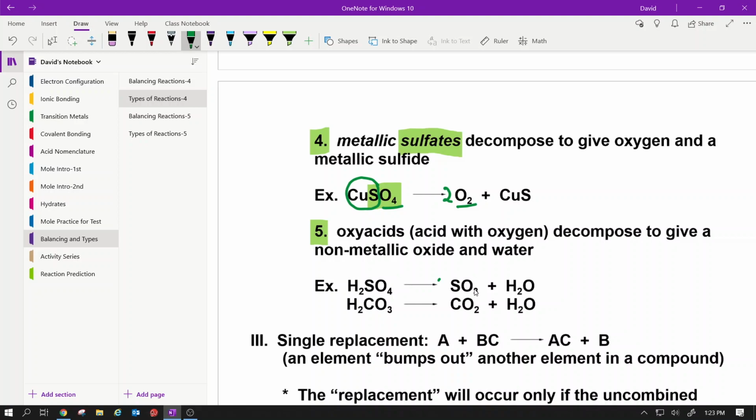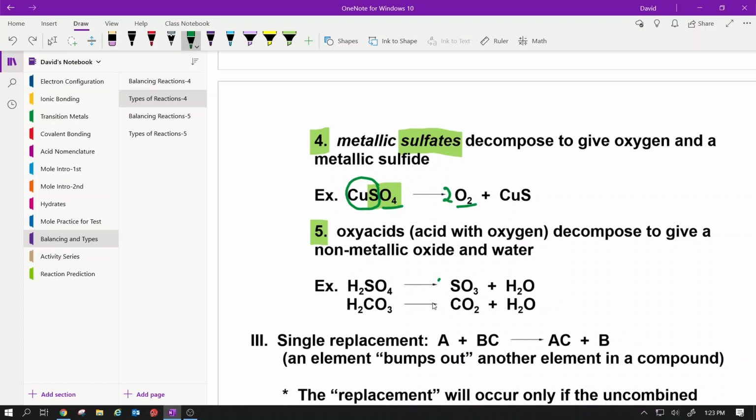And you're like, how did you know it was 3? Why not 2? Why not 4? And that's a good question. Okay, and I don't have a strong answer for you in terms of how you can look and predict that at this point in your chemistry career. And so I'm going to give you a little bit of room in terms of that. But if you just look at what does it make, H2O, and then say, hey, what's left? SO3. Okay, sulfur trioxide. All right, because it's all nonmetals.